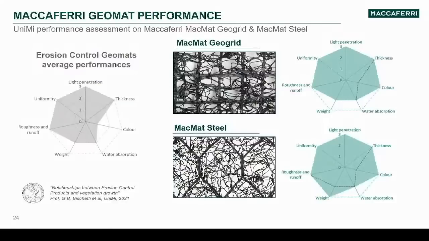So basically, a detailed study was done on the performance of the MacMat along with high strength geogrid, high strength polymers, and also with steel reinforcement. So what is the behavior? On the graph you will see, on the 7 parameters, what is the behavior of these kinds of solutions when they are being used over the slope.